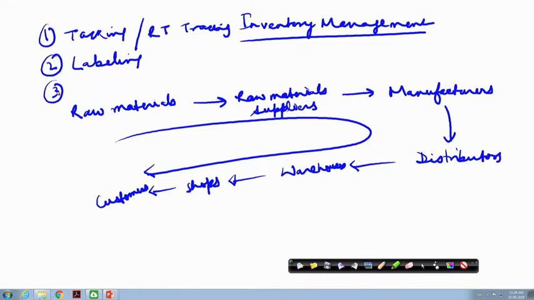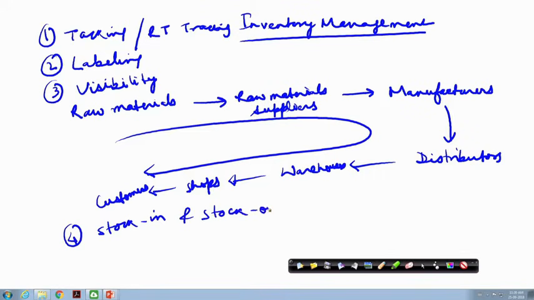Then it is very important to have visibility through the entire process: visibility of the products, their expiration dates, the item locations where they are stored and stocked, forecasting their demands, etc. Then number four, optimal stocking in and stocking out.